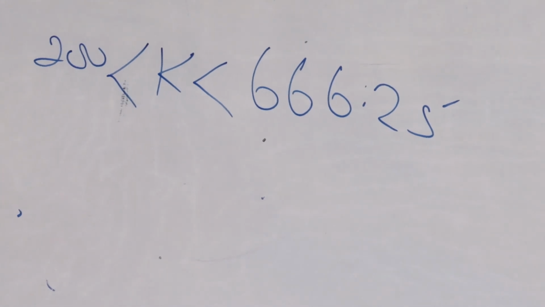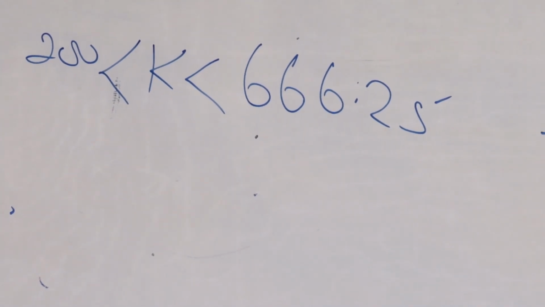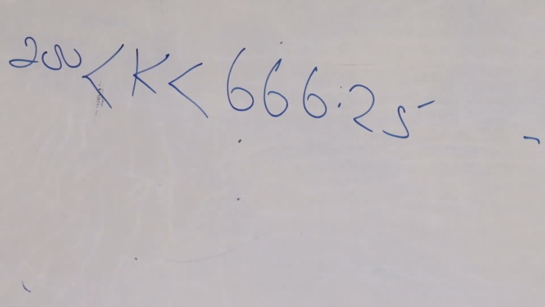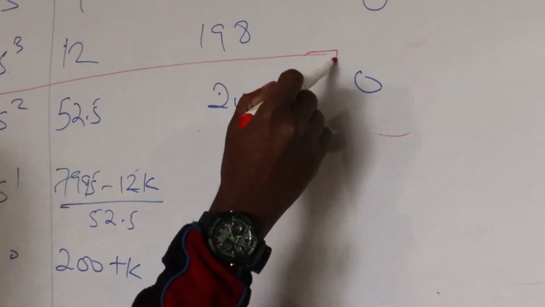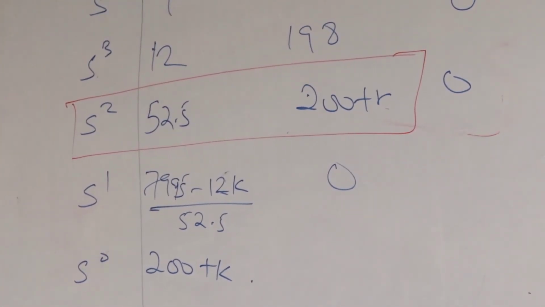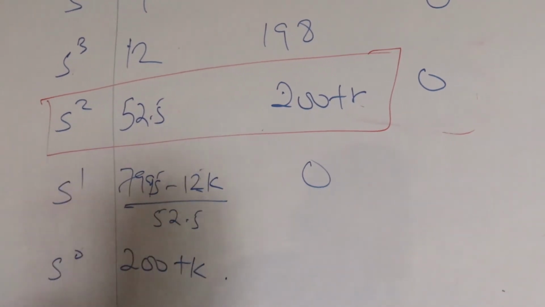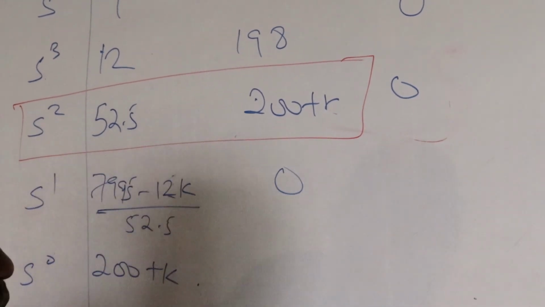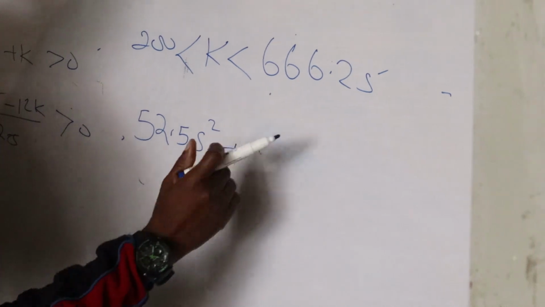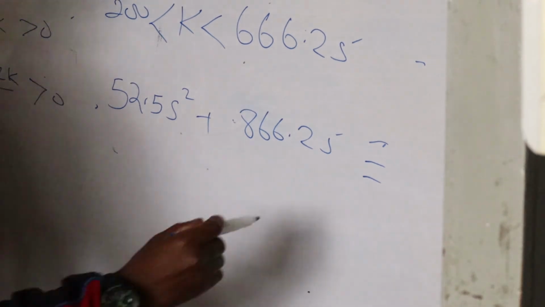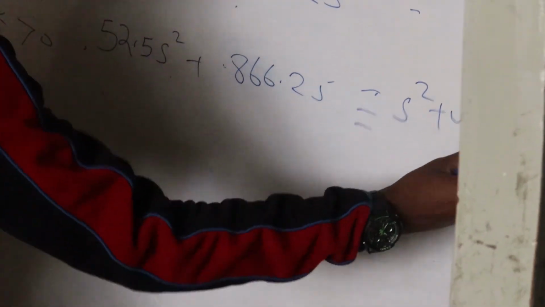Then after that, we are supposed to get the oscillation frequency. For the oscillation frequency, you still come to the S squared row, up to here. Which is now going to be 52.5 S squared plus 200 plus K, we can say 866.25, should be equivalent to S squared plus omega n squared.